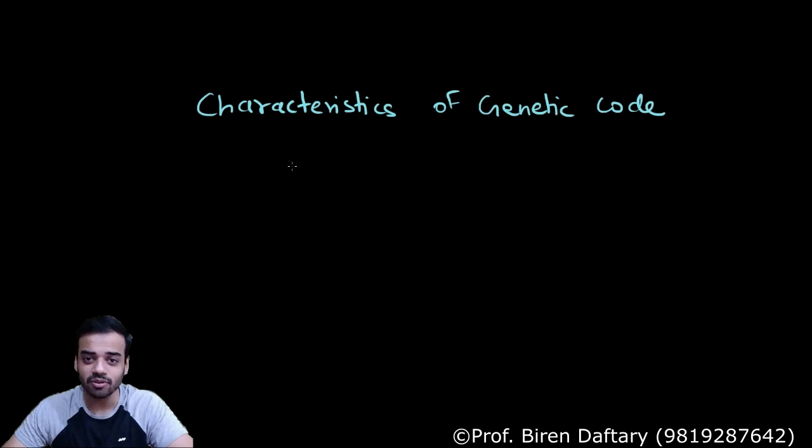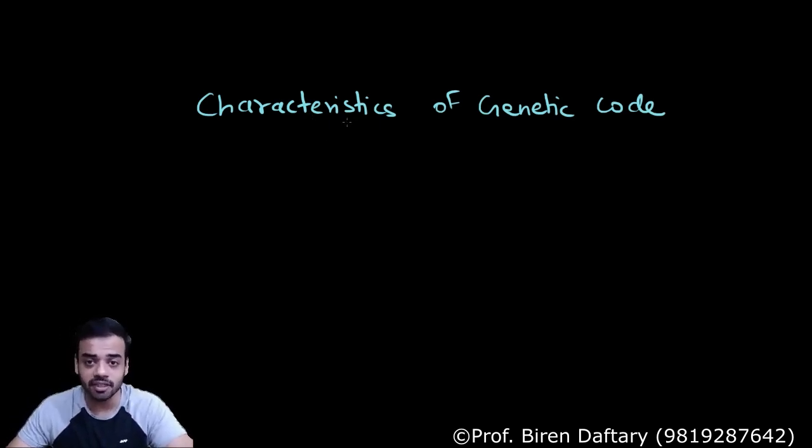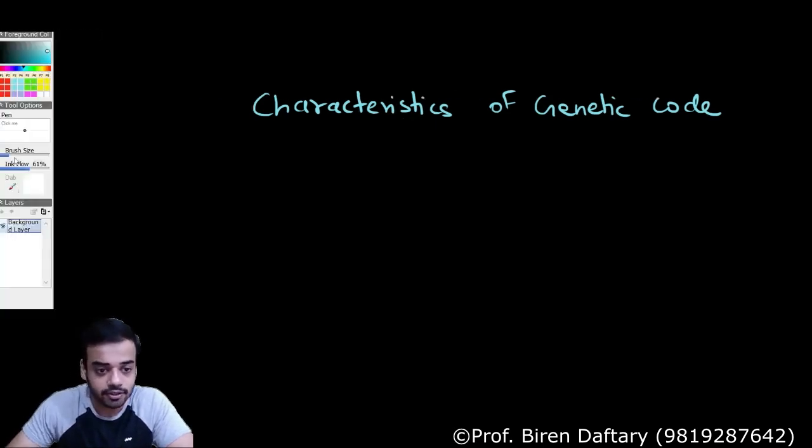Actually there are 9 only, one characteristic they have repeated twice. This question is normally asked in boards like this: give any 2 or any 3 characteristics of genetic code, or if it is a bigger question they might ask for 4 or 5 characteristics. So we are going to start with each characteristic one by one.